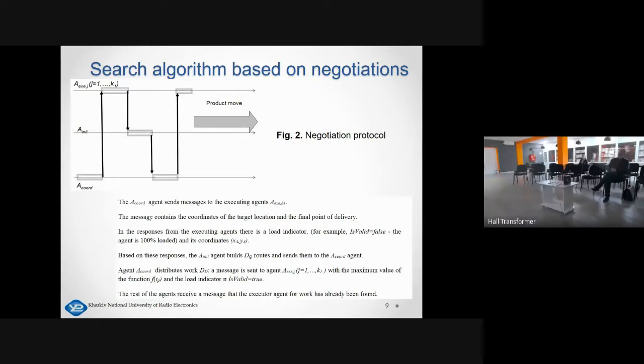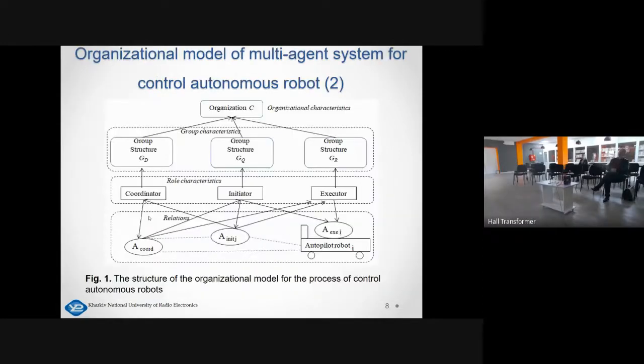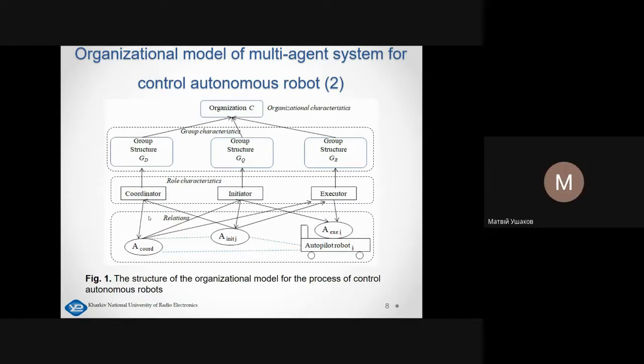Okay, and could you please return back to your organizational diagram then? Why do you have a centralized organization in the utility like a coordinator here? What is the role of the coordinator? What does a coordinator do? The coordinator will coordinate the robots between each other, and maybe I didn't say it correctly when I said that the robots will compute the path.